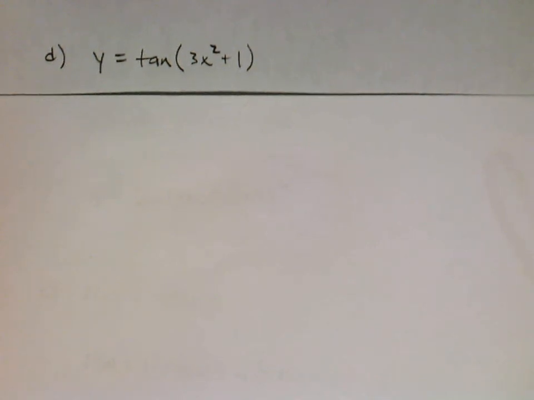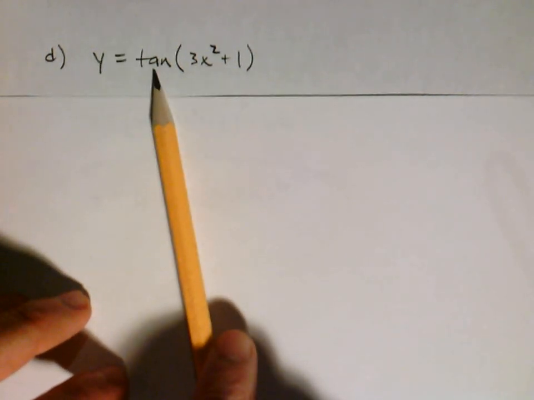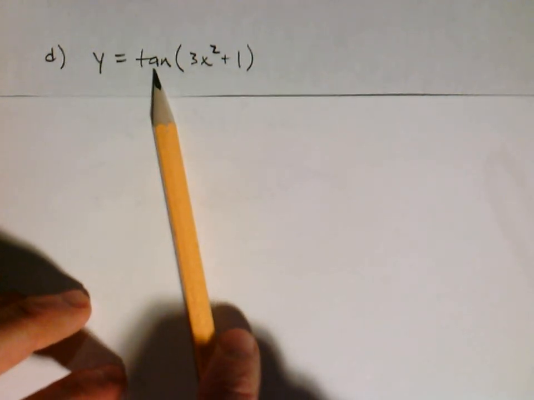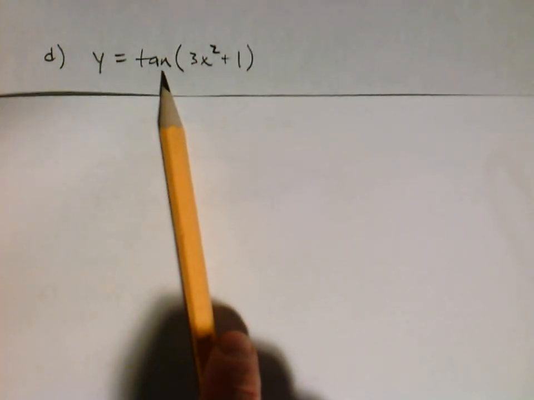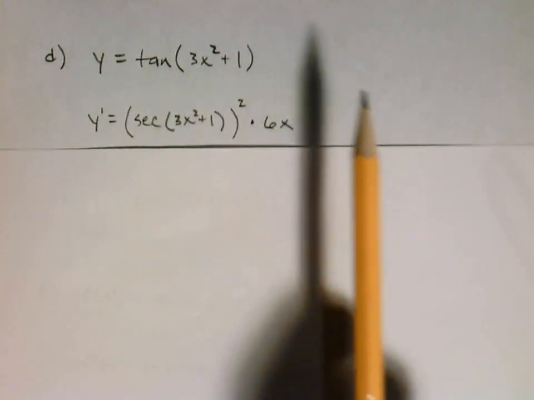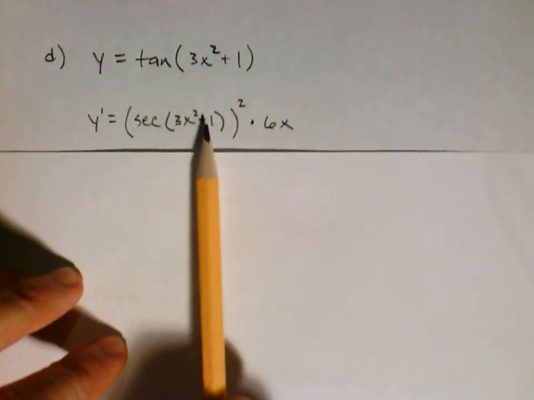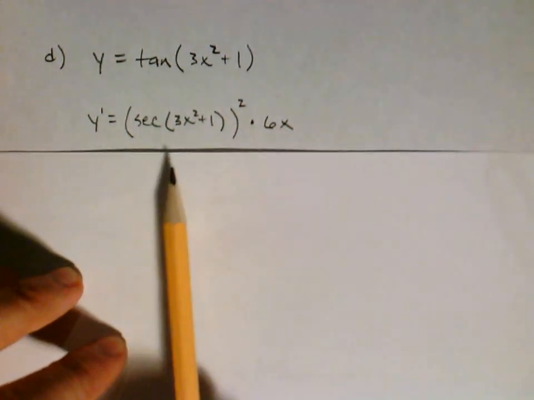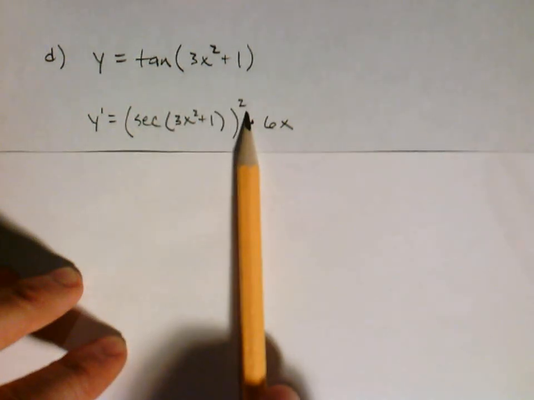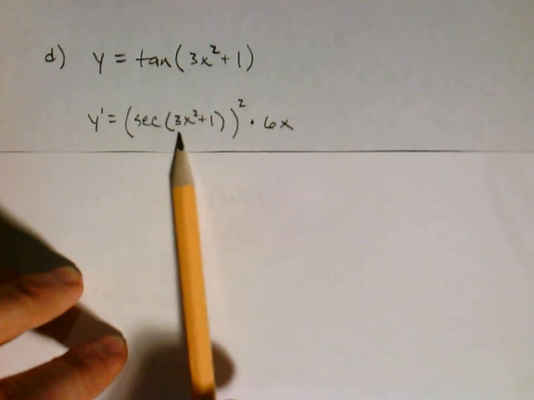Okay, so we've got a chain rule, of course. A lot of chain rules with these, pretty common. I'll start with my derivative of tangent. I know the derivative of tangent is secant x squared. So let's just go for that. I'll just show you the whole thing. So I've got the secant squared, and what goes inside, of course, is the same inside that I had before. So there's my secant squared, but then I copy that part at this step.